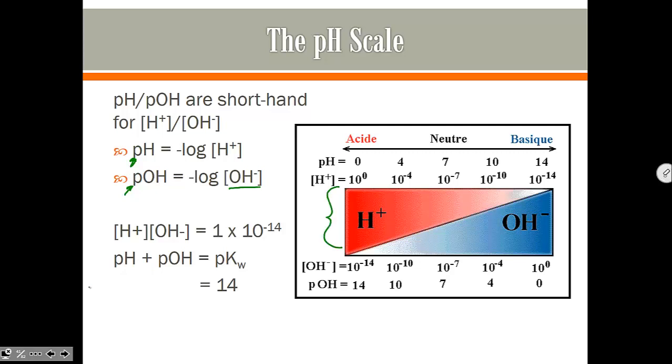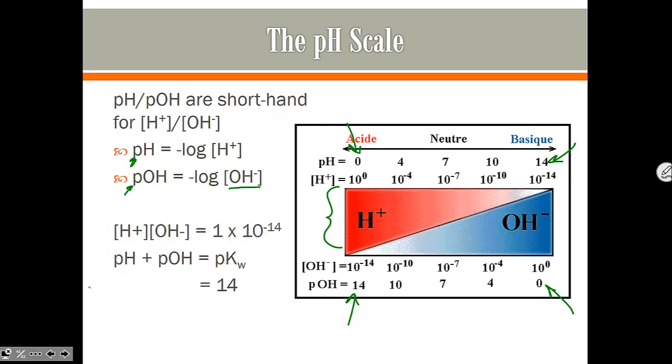Something with a high pH has a very low pOH. We can even use this on our equilibrium expression for the self-ionization of water, that together your concentration of hydrogen and hydroxide has to equal 1 times 10 to the negative 14th.